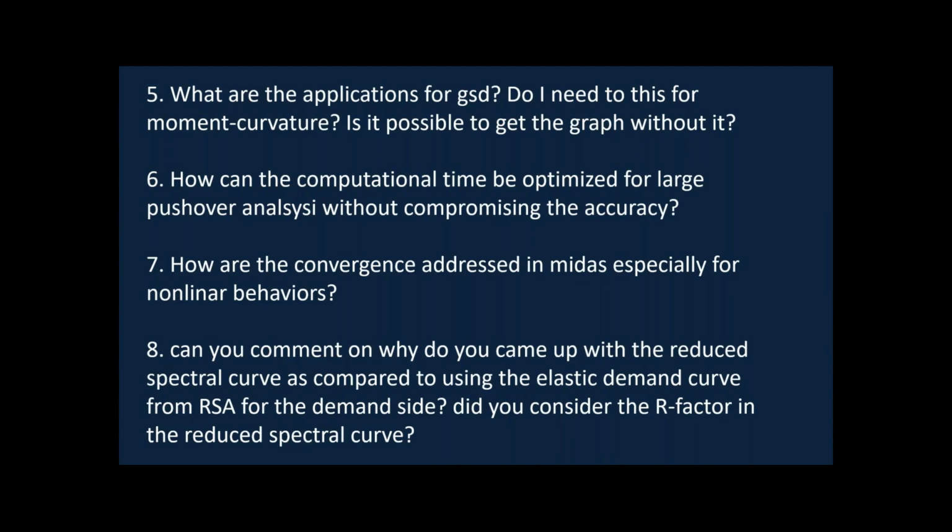At the intersection of the demand and the capacity curve, we need to be sure that the damping in that particular structure is constant. So the demand and the capacity of the structure at the performance point have the same damping level.